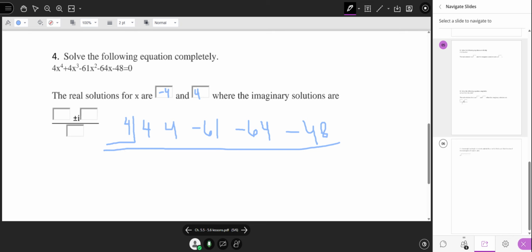This is one ugly problem, you guys, and I didn't leave too much room, did I? Four times 4 is 16. That's 20. And 4 times 20 is 80. Oh, snap. This is going to be ugly. That's 74.